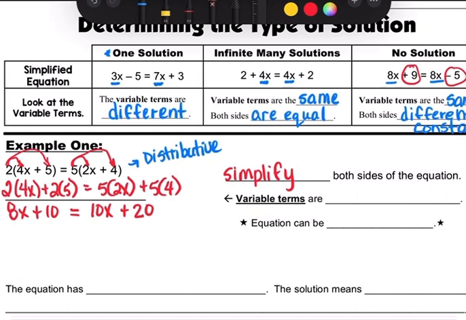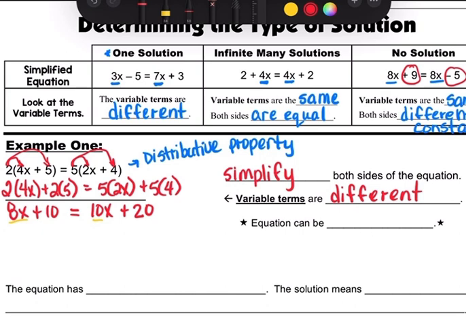Because when I apply the distributive property and I simplified both sides of the equation, you identify your variable terms. 8x and 10x are different. They're your variable terms and they are different. Because they are different, I know I have one solution.